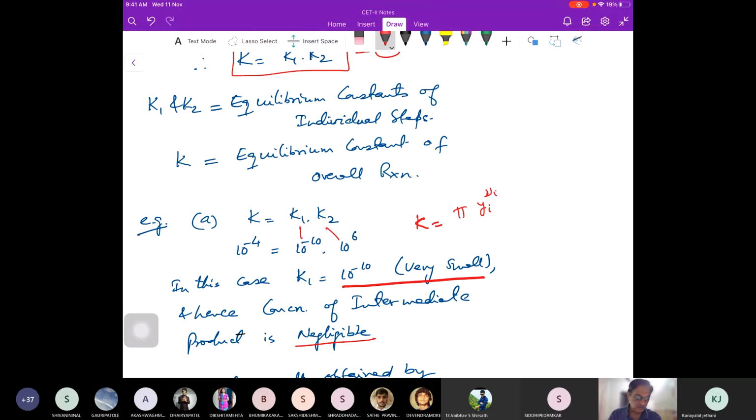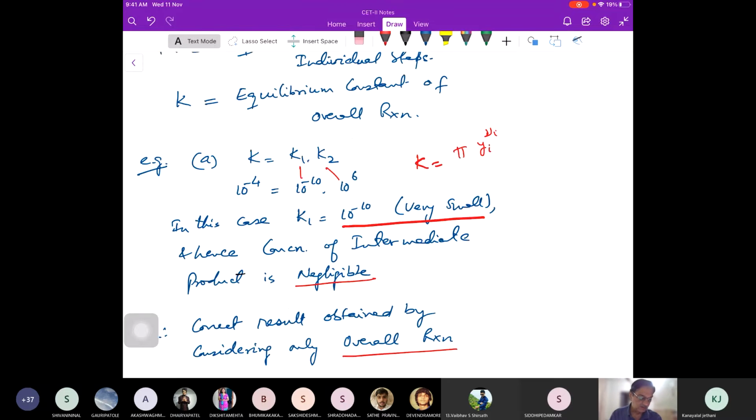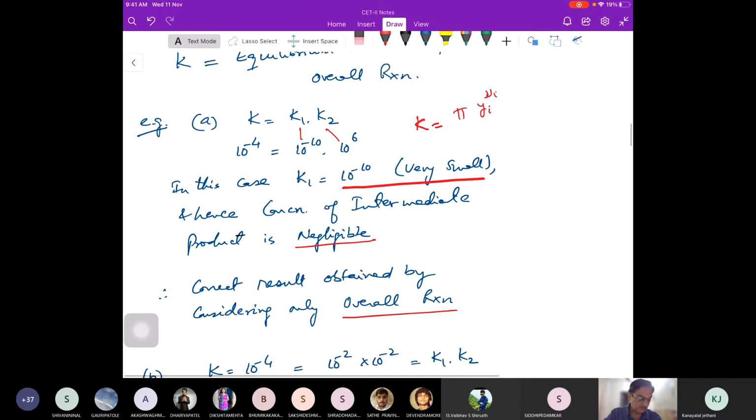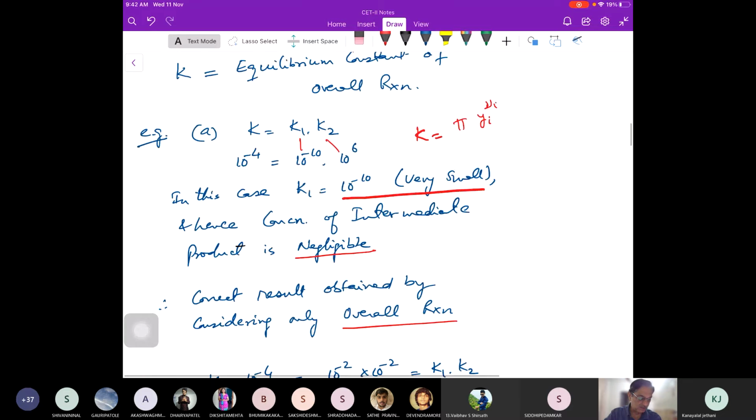So if K is small, that means the yield of product is very small. Hence the concentration of intermediate product is negligible. Therefore, the correct result is obtained by considering only the overall reaction. So we can take only the overall reaction, ये लेके कर सकते हैं हम.